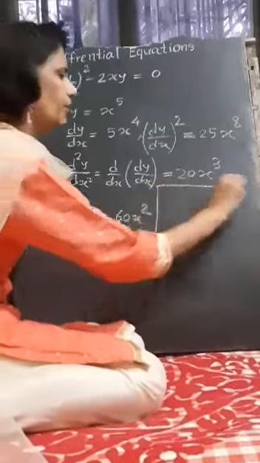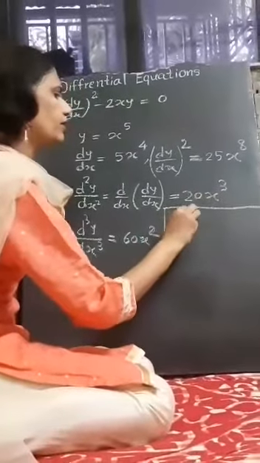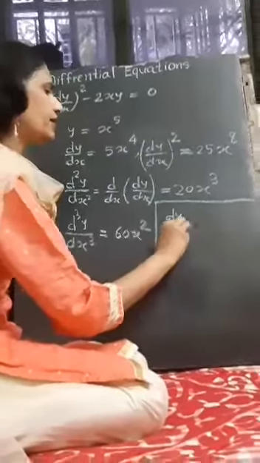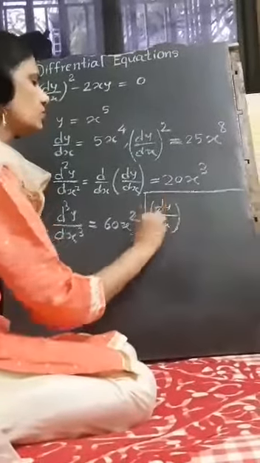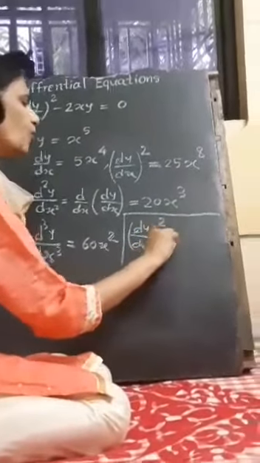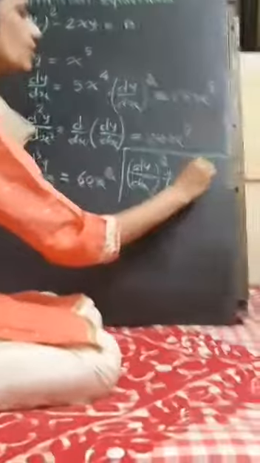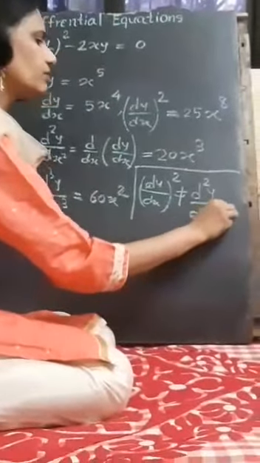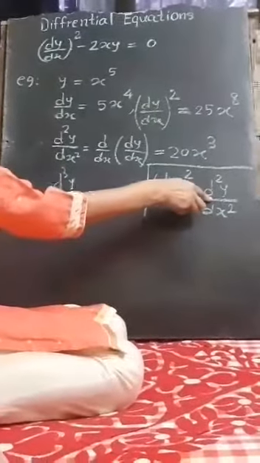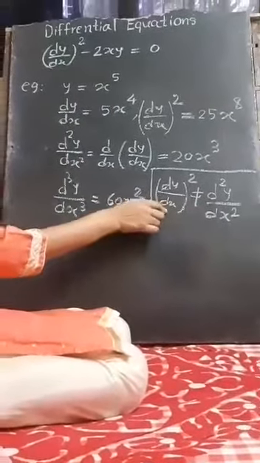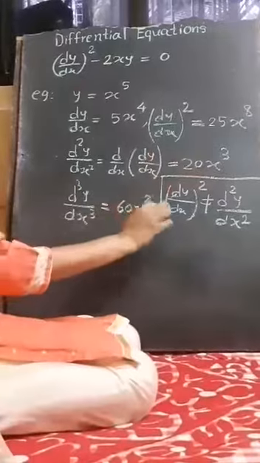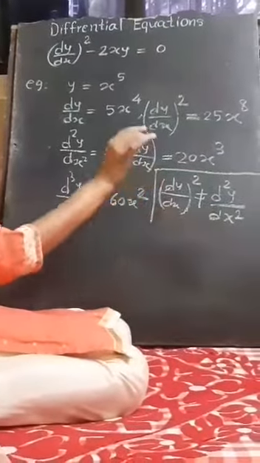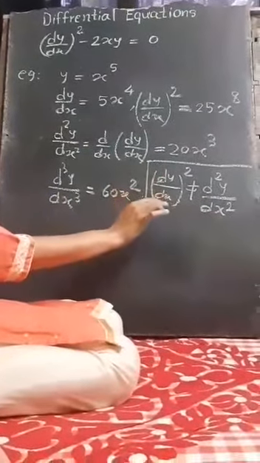You have to remember this: (dy/dx)^2 is not d^2y/dx^2. This is the second order derivative, while that is the first order derivative and the square of that quantity. So these two things are different. Am I clear?